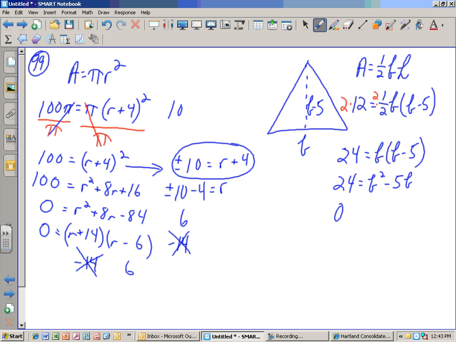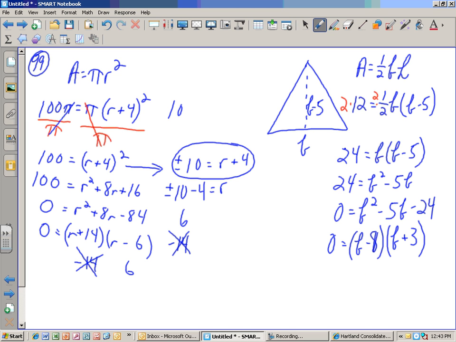Setting the equation equal to 0 by subtracting 24 from each side, and factoring. We have b minus 8 and b plus 3.